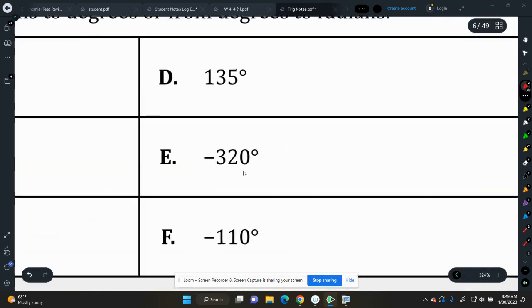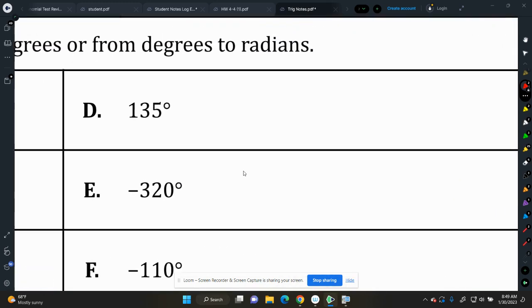Okay, let's go the other direction. Let's change these to radians. So what am I going to multiply by? Pi over 180, right. Let's see, 5 goes into 135 how many times? If that was a 12, it would be 6. Let me check my notes. Oh, of course, I don't have my notes.